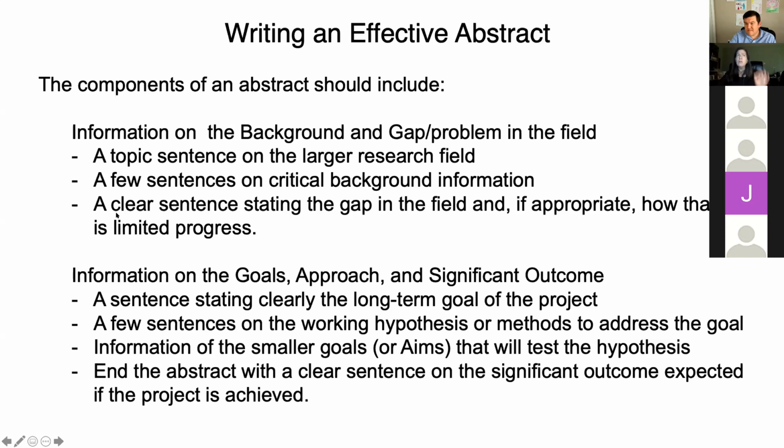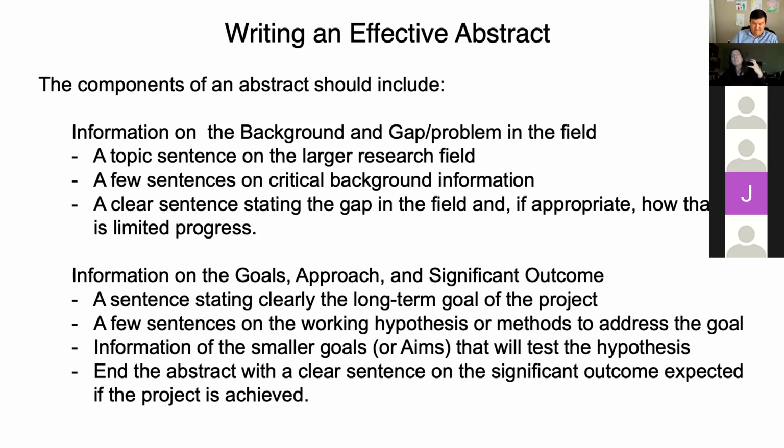A clear, concise statement. Then you want to move on to your goals and your approach. Clearly state what your long-term goal is. Once this project is completed, I will have cured cancer, or I will have the best COVID-19 detection method available, or something like that, okay? Something as your long-term goal.